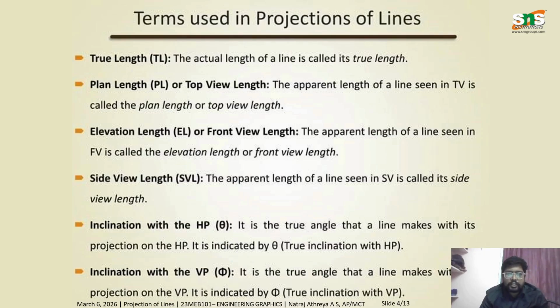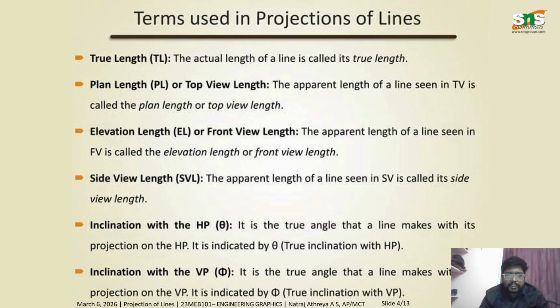These are some of the key points you have to remember: the true length, the actual length of the line. Plan length is the top view length. Top view's other name is plan, and front view's other name is elevation. Then we have the side view length, the apparent length.